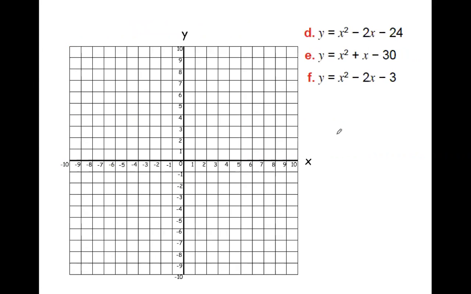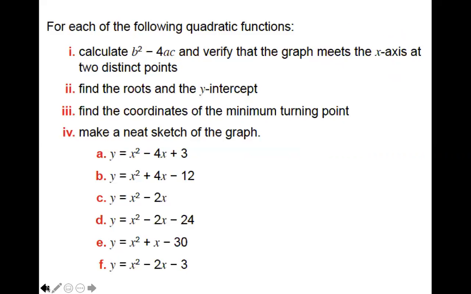So first thing first, I just need to bring back the questions so that I know what they've asked us. So the first thing we need to calculate is b squared minus 4ac. Okay, so I'm just going to write down here. I need to identify what a is, b, and c. So for D, a is equal to 1.